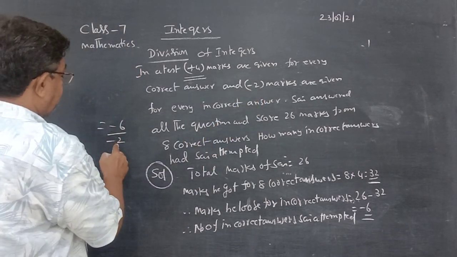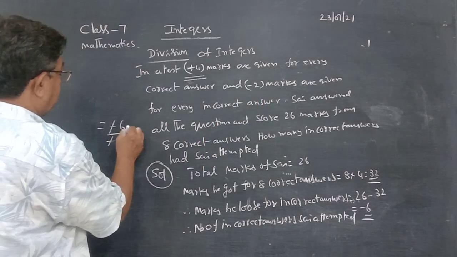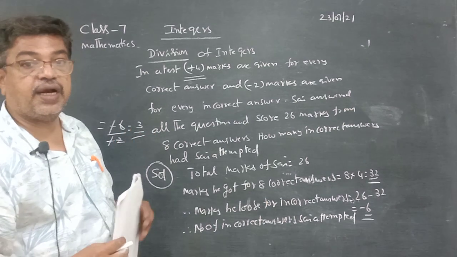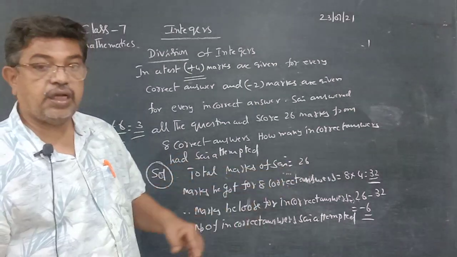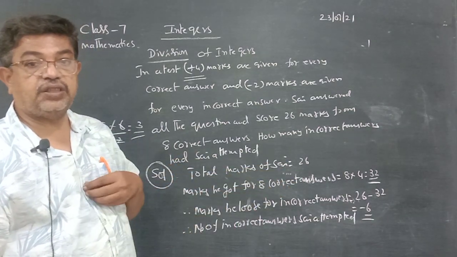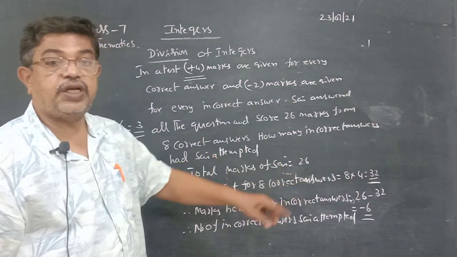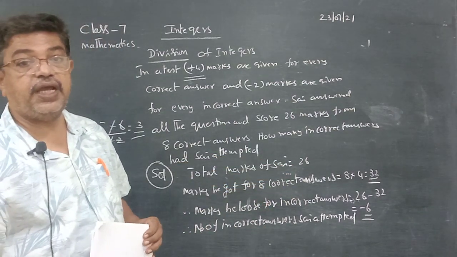So minus 6 is divided by minus 2. Minus divided by minus is equal to plus 3. So the number of questions Sai attempted incorrectly is 3. Totally he got 32 marks. For 3 incorrect answers he got minus 6 marks. 32 minus 6 is equal to 26. That is the total marks obtained by Sai.